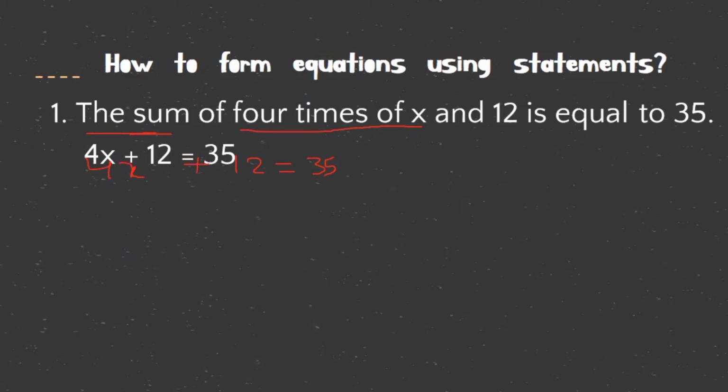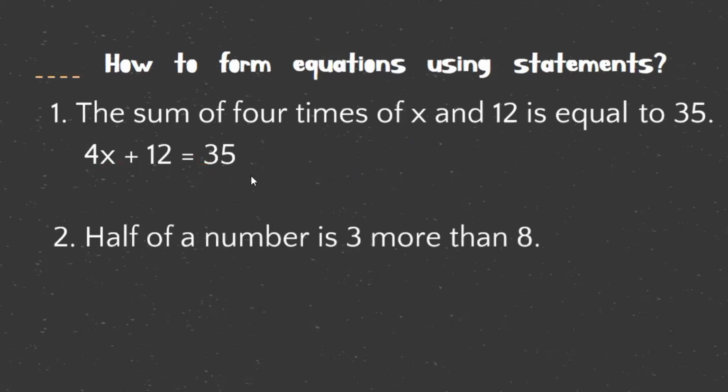Next example is: half of a number is 3 more than 8. Now how can you make the equation from the statement? See, half of a number: suppose there is a number x, and half of this x is 1 by 2 x. Is means the equal sign, there is a verb, so put the equal sign. 3 more means plus 3, 3 more than 8.